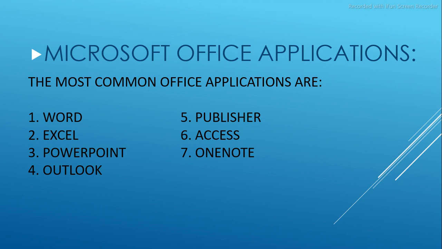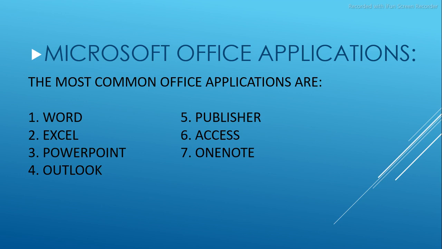Then we have OneNote and Outlook. They are not to be regarded as not usable. There are some people who use them more, but they are not widely used in the real world. So let's discuss each and every application one by one.